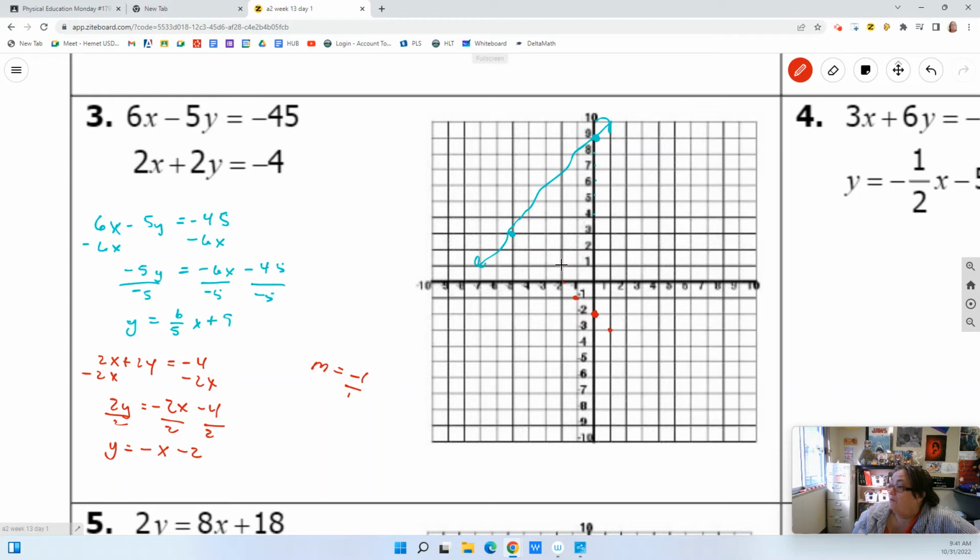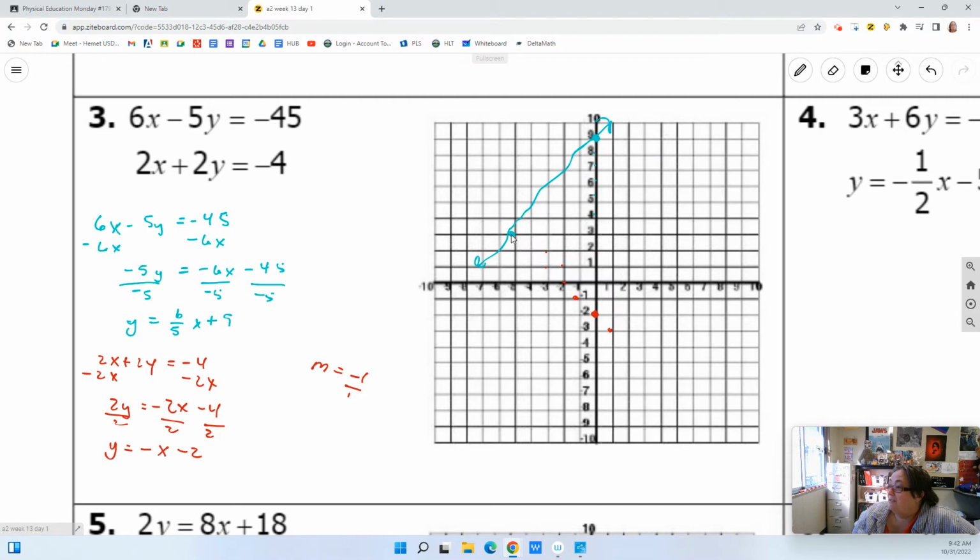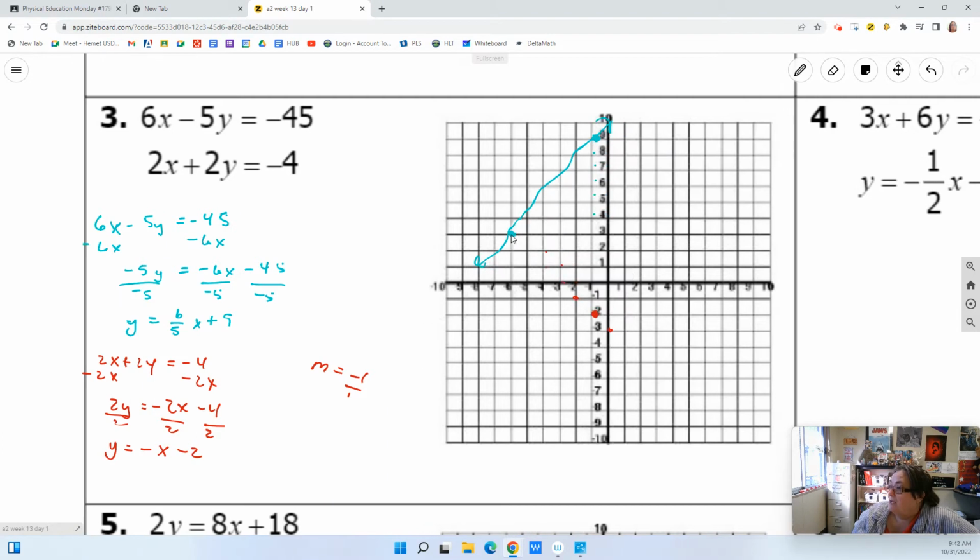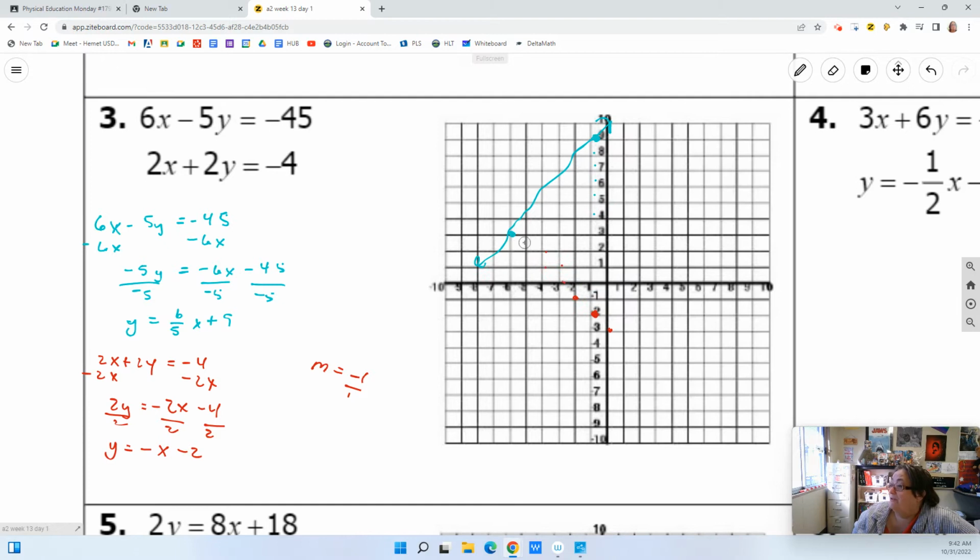Up 1 over, up 1 over, up 1 over. Why do I keep doing it? Because I know that I'm going to move the entire thing. And when I graph this line, it is going to join right here, right?